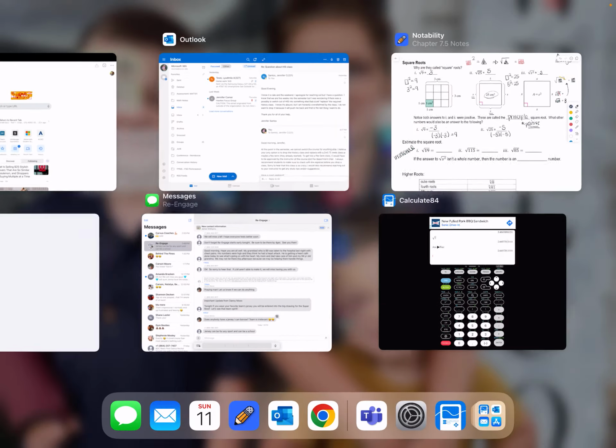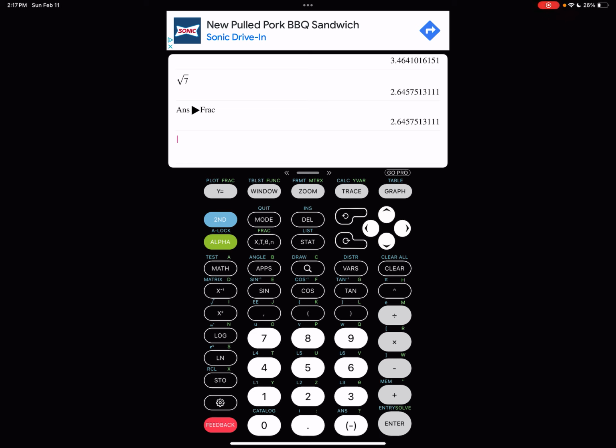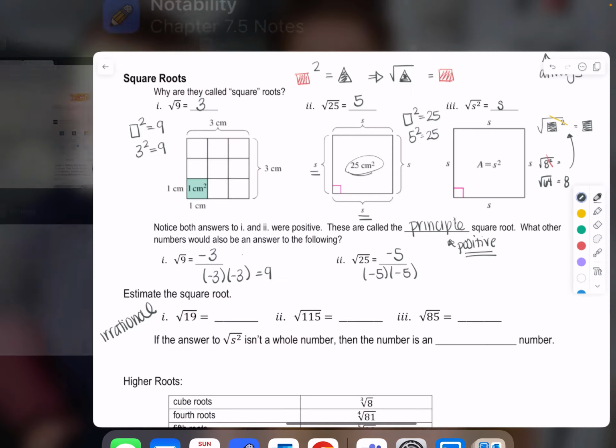Square root of 19. So the square root of 19 is going to be that number that you see on the screen. And I'm going to round that off to 2 decimals. 4.358 is going to round to 4.36.